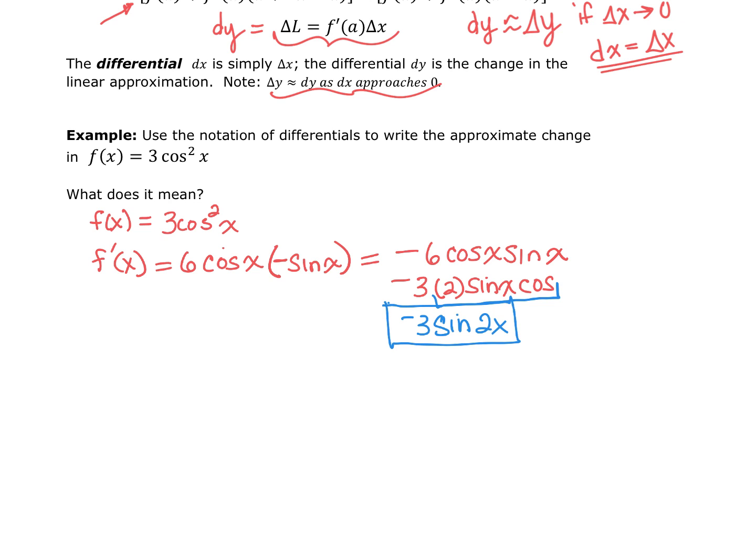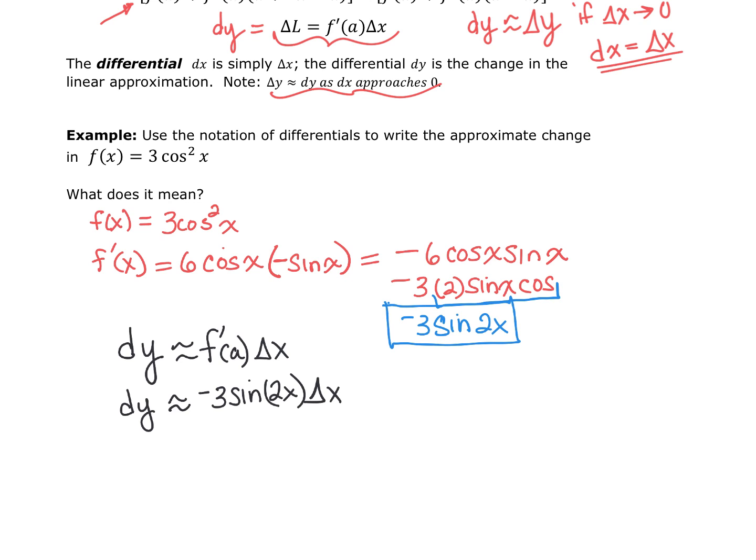We want to find the approximate change in the y, that's dy, and we know dy is approximately f prime at a delta x. So in this case, dy is approximately minus 3 sine 2x delta x.